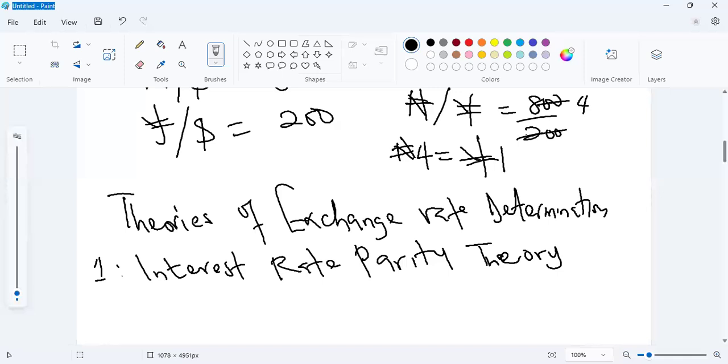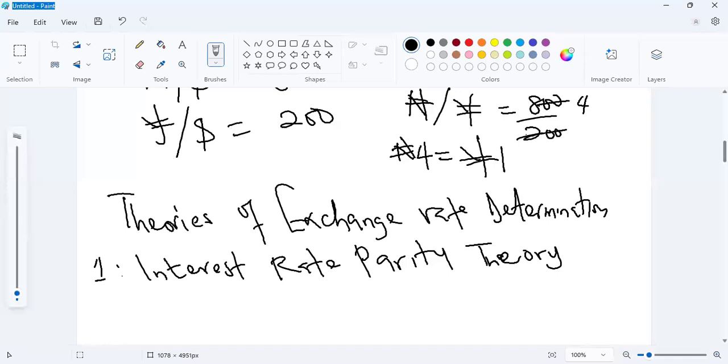The interest rate parity theory states that the differences between two countries' currency exchange rates are because of differences in inflation rates, in interest rates.